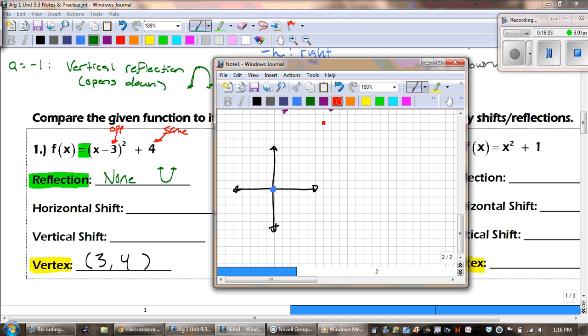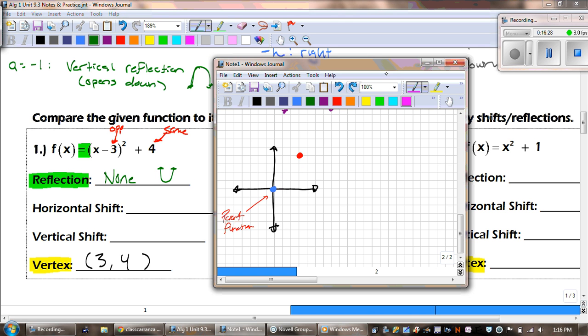That is the parent function. Remember where we start every single time? But our new graph has us starting at the point 3, 4. I want to know, how do I move from here to there?